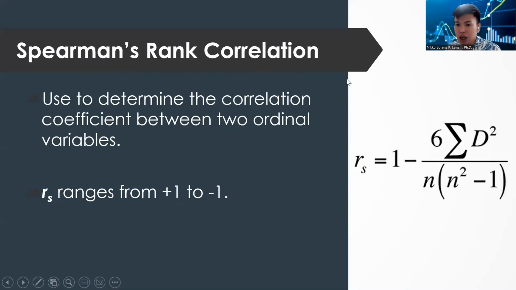Another test that you will encounter is the Spearman rank. I will not dwell so much time here because it can also be applied using Excel. It is used to determine the correlation coefficient between two ordinal variables. Same as Pearson R, it ranges from +1 to -1.